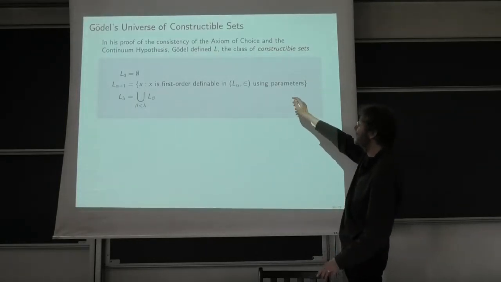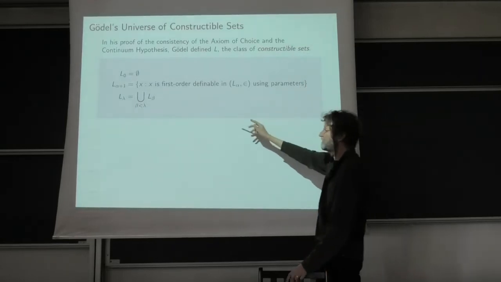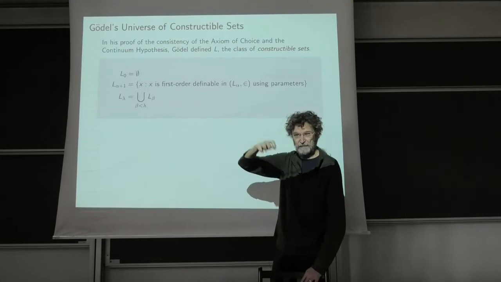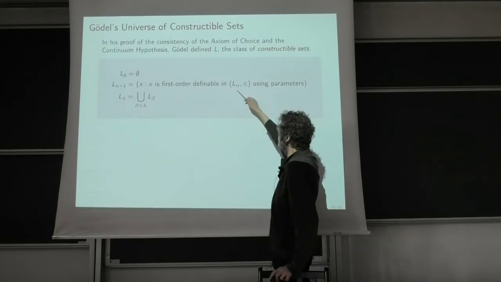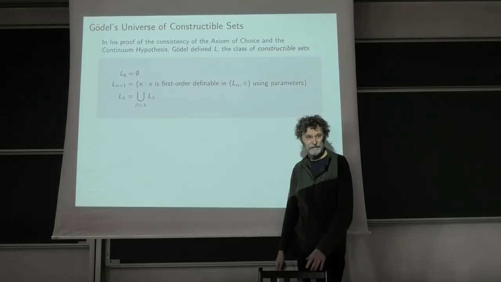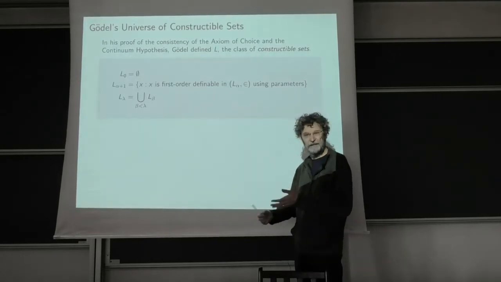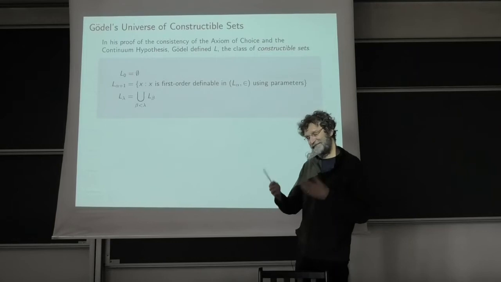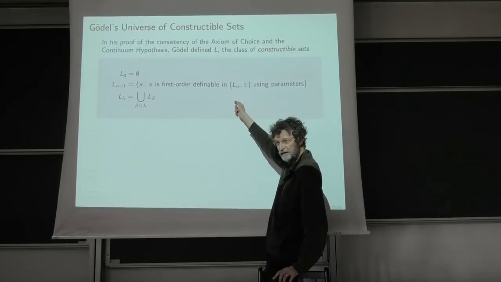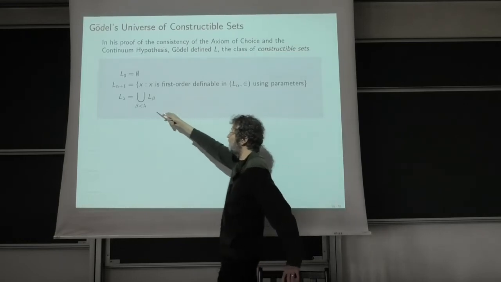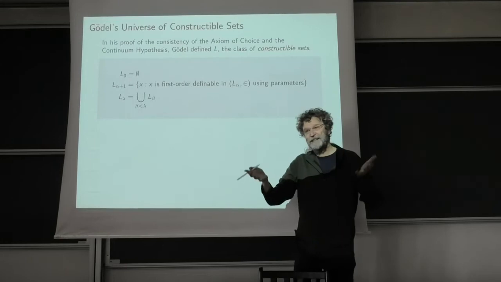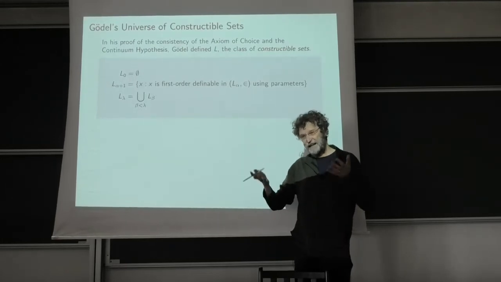Okay, so Gödel's constructible sets. The empty set is constructible. If I'm generating things by recursion, I have all the sets I've constructed so far, at step alpha. For example, while alpha is finite, what we're building up are the sets that have finite rank.